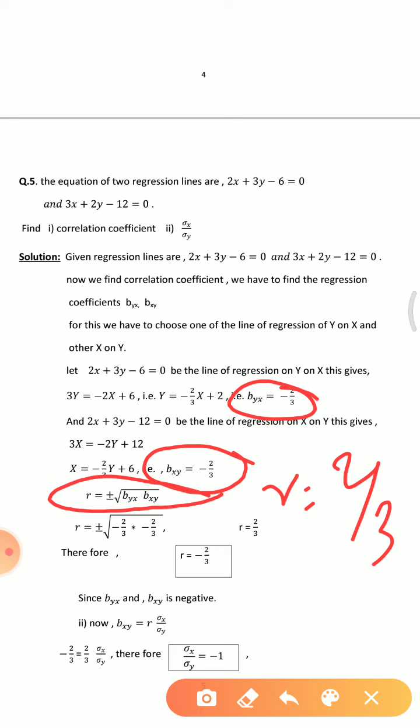But see here, b_yx and b_xy both have the negative sign. Therefore, the value of r is -2/3, since both regression coefficients are negative.